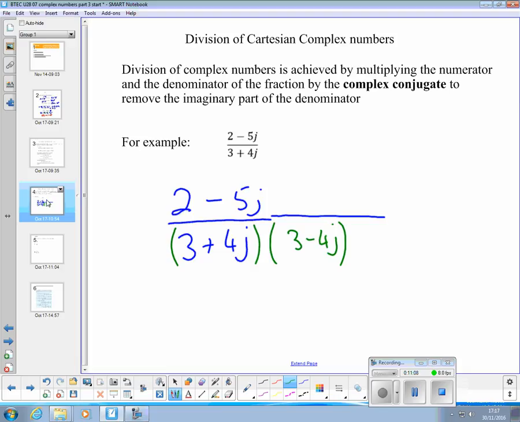But if I multiply the bottom of the fraction by the complex conjugate, I also have to multiply the top to make it the same. What I do to the bottom, I must also do to the top. Yeah?